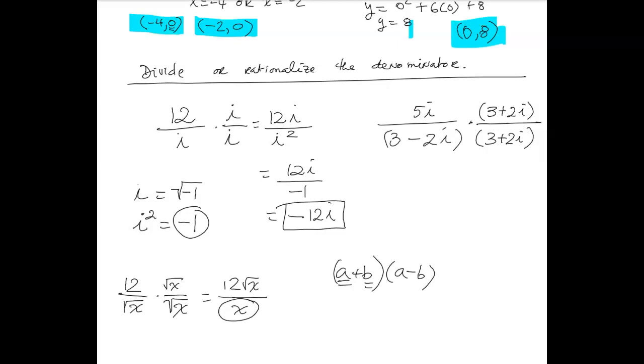And so let's do that. I don't have to do anything on top yet, but let's use the FOIL method at the bottom, I'm sorry. So 5i first with the 3 plus 2i over 3 times 3 is 9, right? The outer, 3 times positive 2i, is positive 6i.